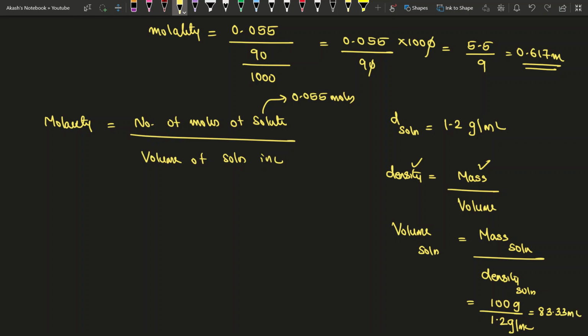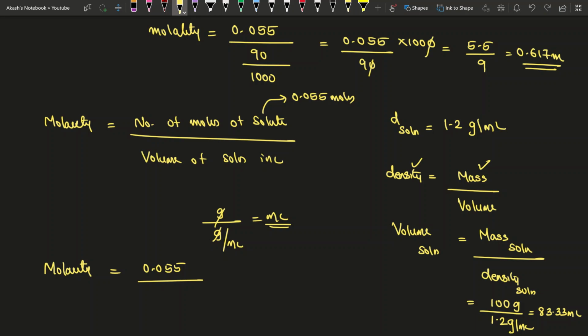What will be the unit? It will be ml. Why is ml coming? Because gram divided by gram per ml: gram will cancel and ml will go up. So the volume of the solution is going to be in ml. If you want to calculate the molarity, molarity is equal to the number of moles of solute, that is 0.055, divided by the volume of the solution.